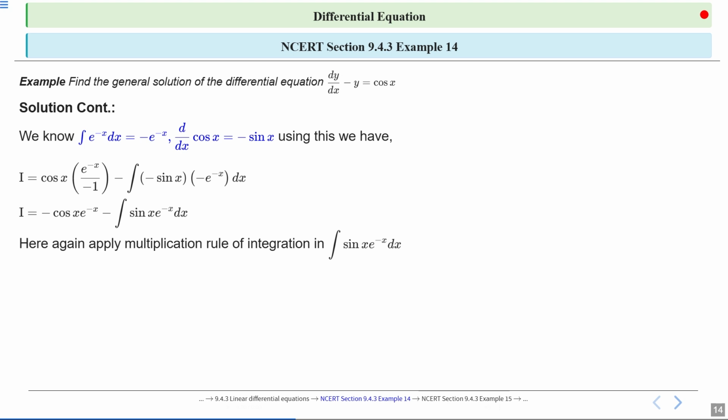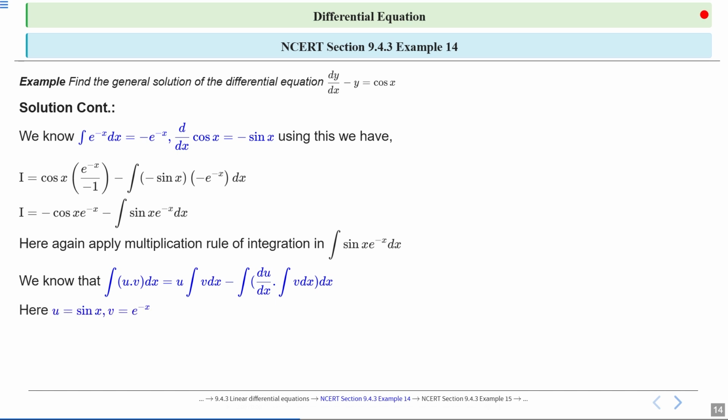So here again apply the multiplication rule of integration in integration of sin x into e to the power minus x dx. Just apply the by parts rule, that is integration of u v dx is equal to u into integration of v dx minus integration of du by dx into integration of v dx.